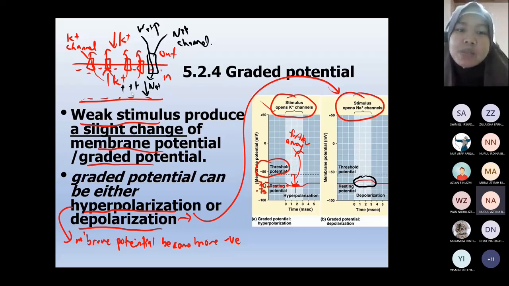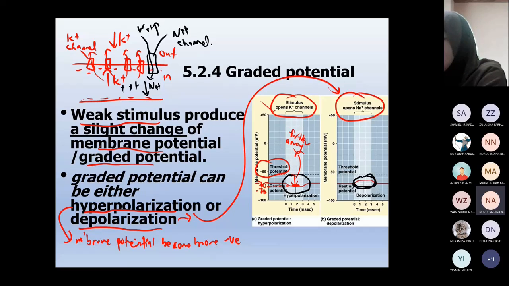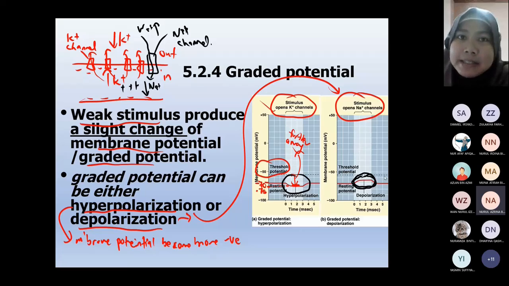So this is what we call depolarization. Graded potential due to depolarization. So remember, this is the shape of graded potential due to hyperpolarization, with movement of potassium ions out of the cell, and this is depolarization. Graded potential depolarization is due to the opening of sodium ion channels and movement of sodium ions into the cell.